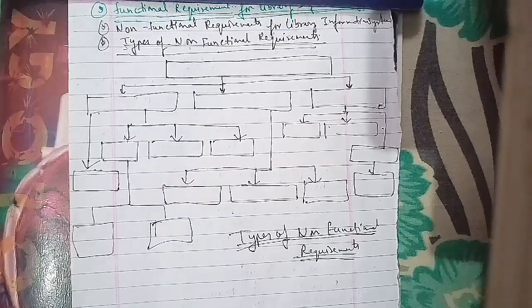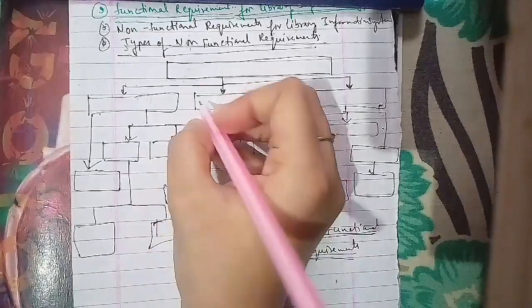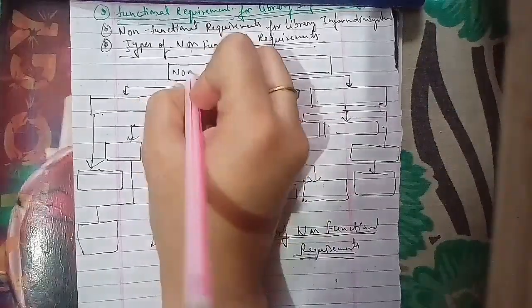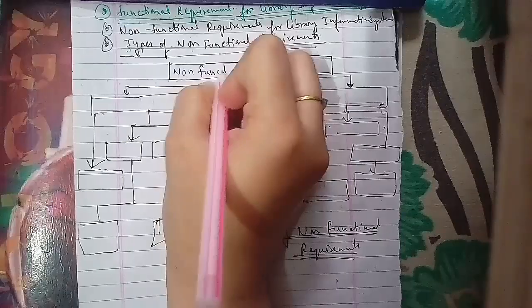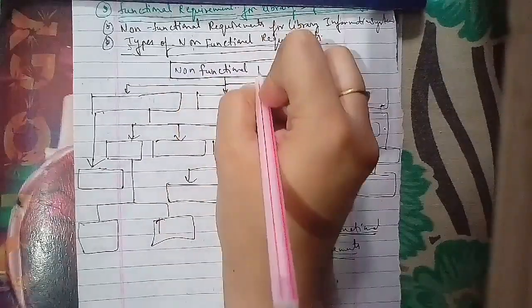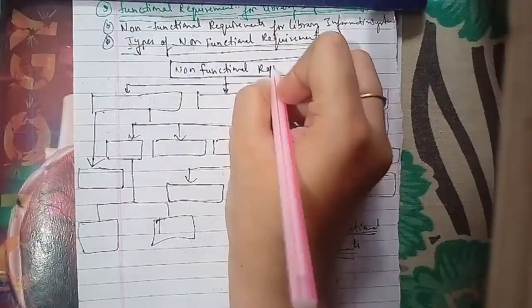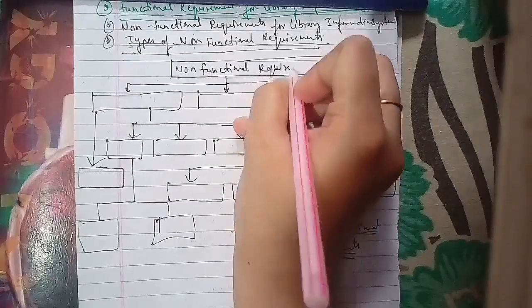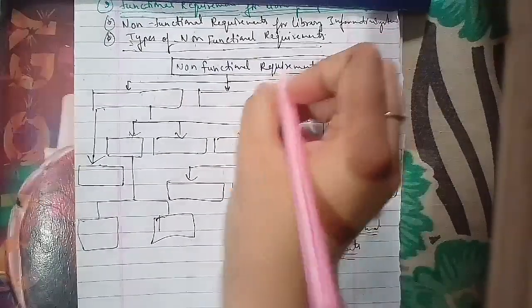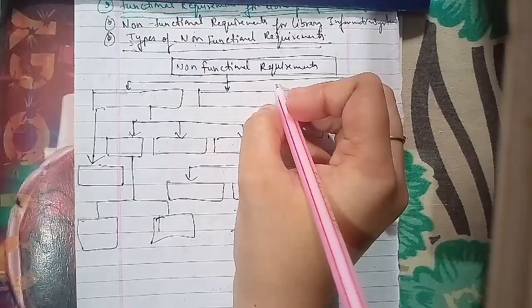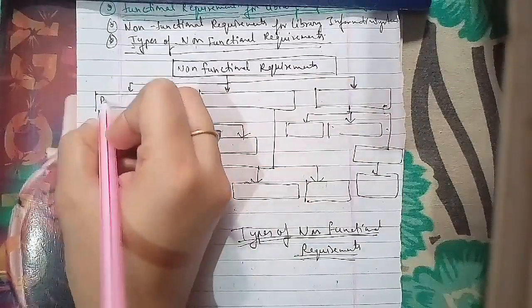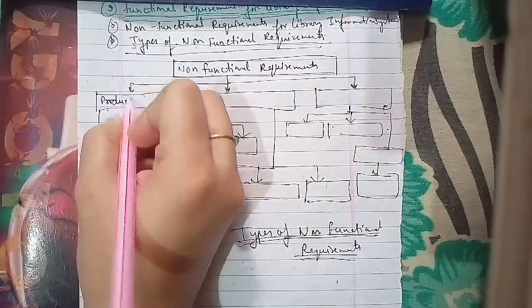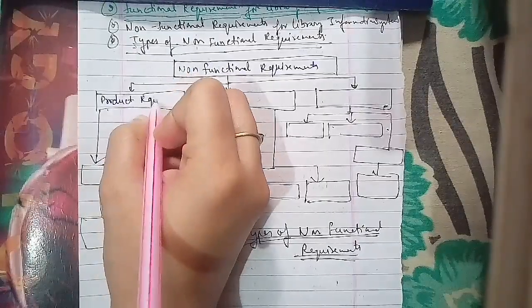The non-functional requirement has been divided into three. First we have your product requirement. The second is your organizational requirement. And the third we have is your external requirement.